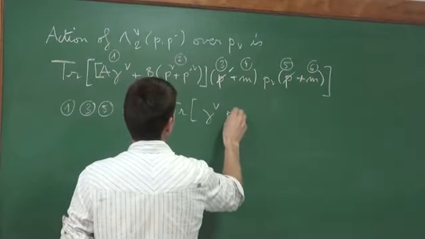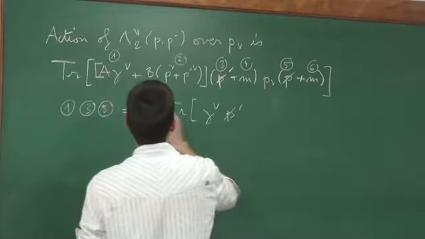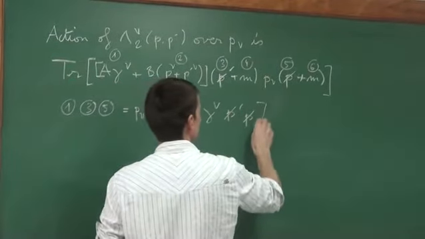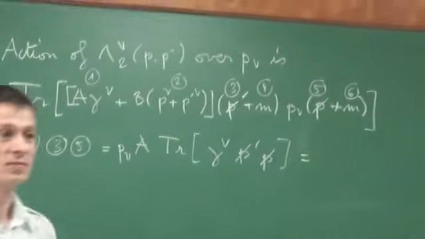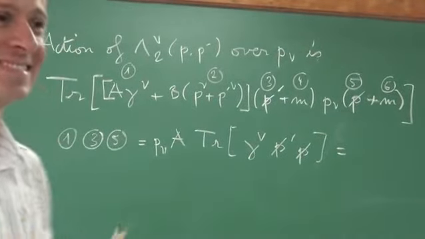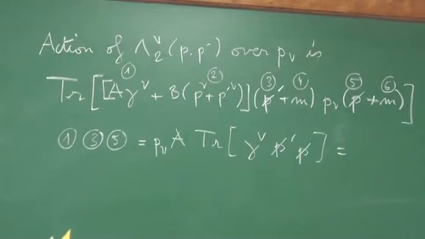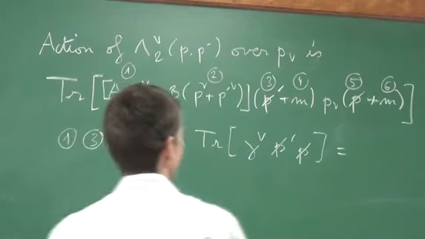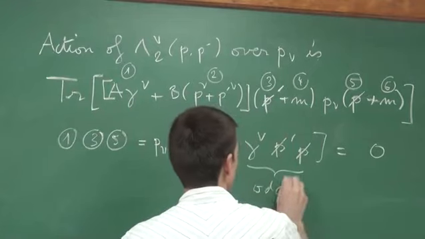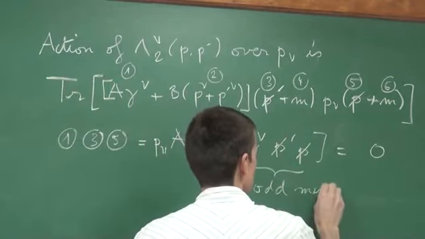gamma slash 5 slash, which is what number? Yes, 0. 0, because we have an odd number of gammas.